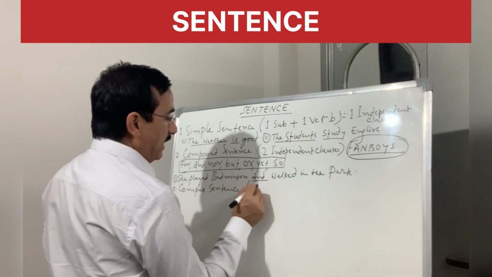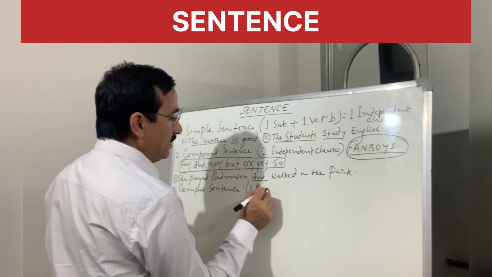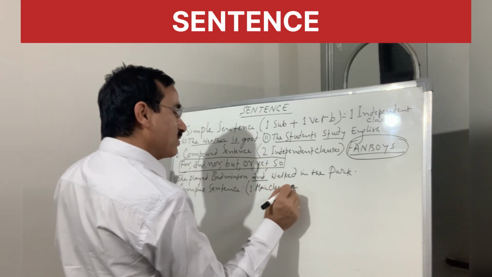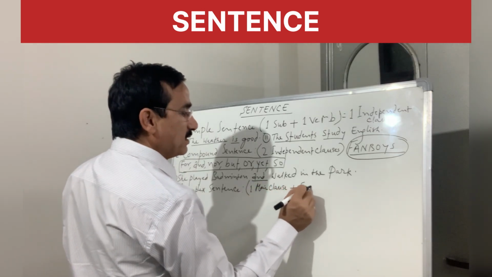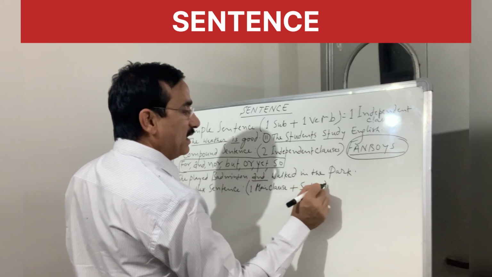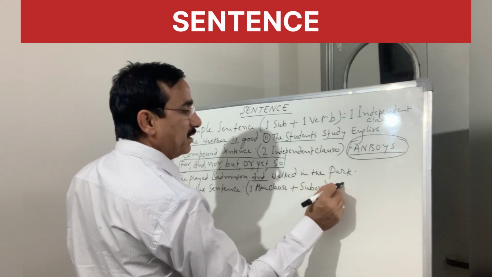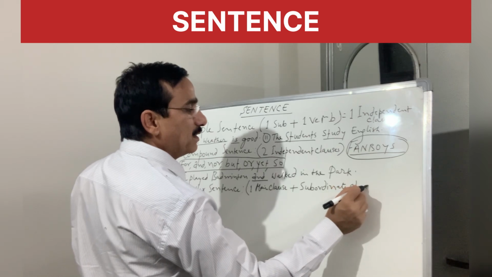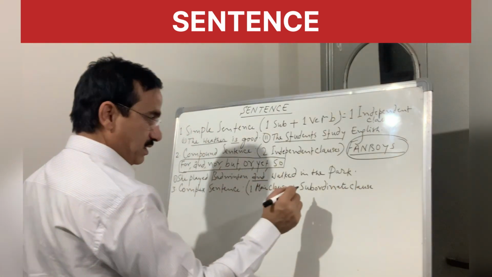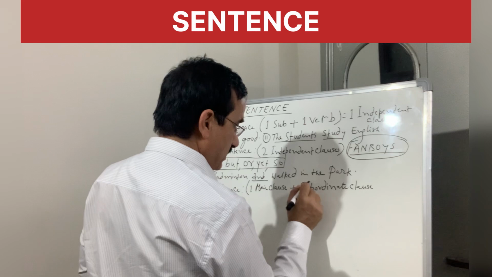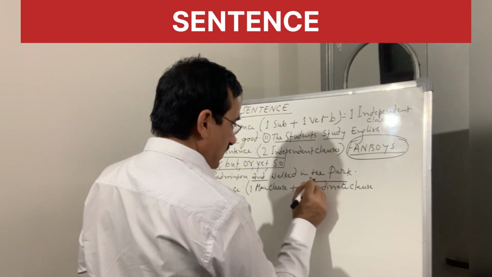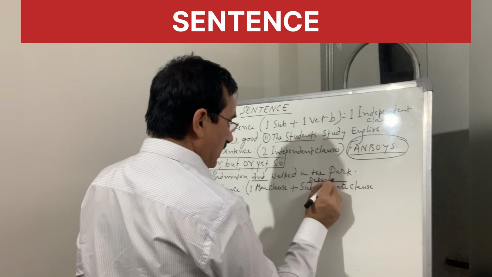The main clause is also called independent clause. One main clause plus one subordinate clause. That is also called dependent clause. This subordinate clause is also called dependent clause.